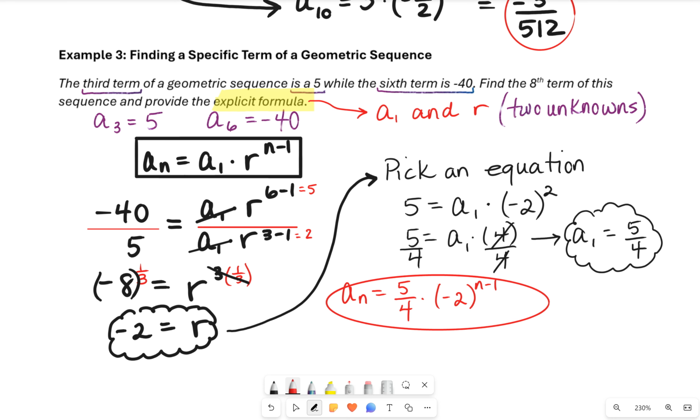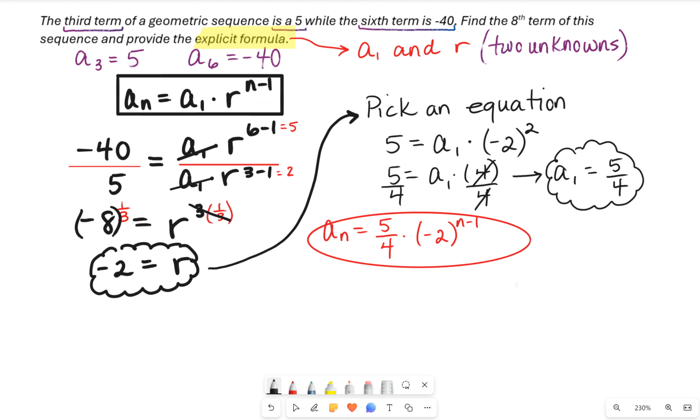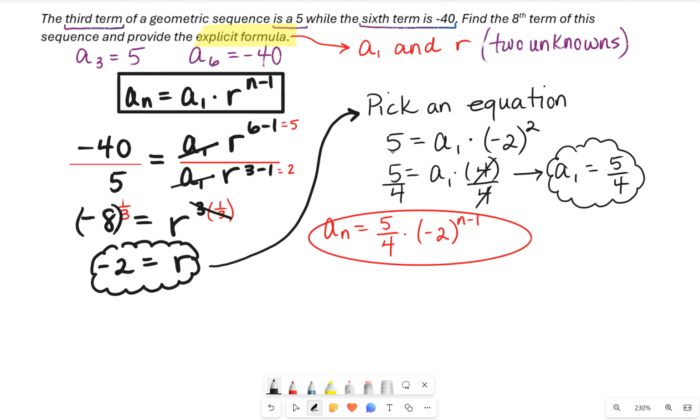Okay, so they asked us to find the 8th term, so let's find the 8th term. So a sub 8, we could find any term, right? But they asked us to find the 8th. So for n being 8, we put 8 minus 1 in the exponent, and when you type that out, the 8th term is going to end up being -160.